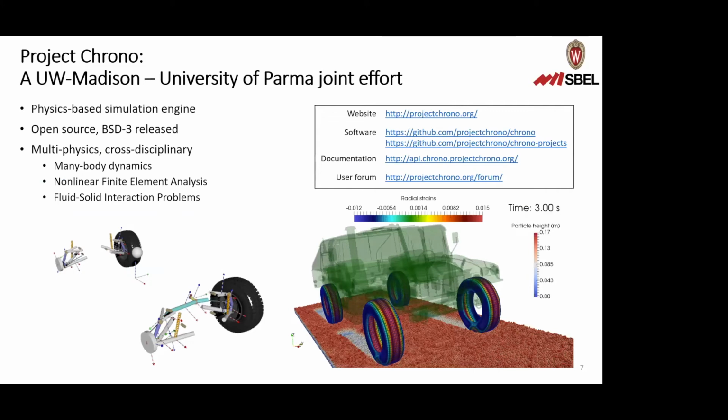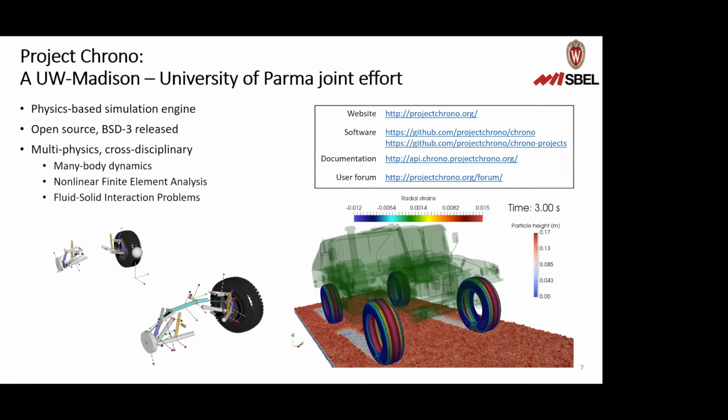And basically, up until this point, Chrono had been focused on vehicle dynamics or rigid body dynamics, flexible bodies, fluid-solid interaction, and dynamics in general. So the types of things that we can do, vehicles driving over deformable terrain or on-road.